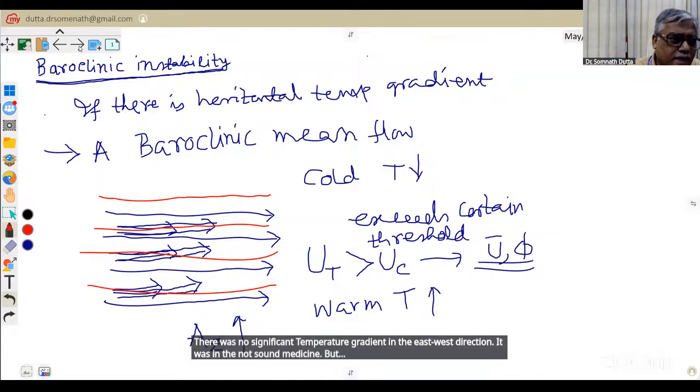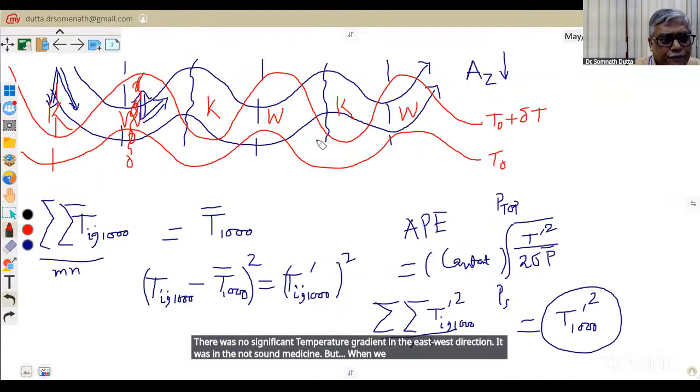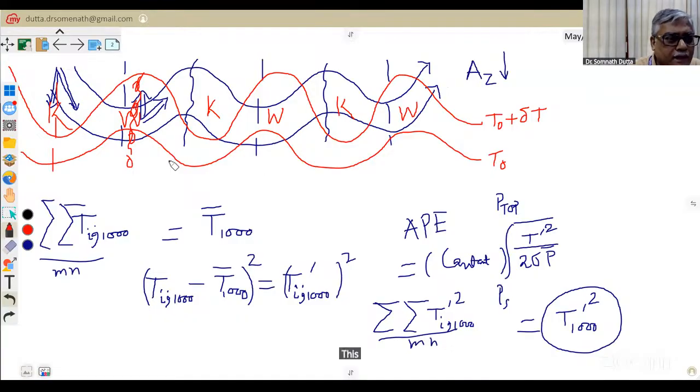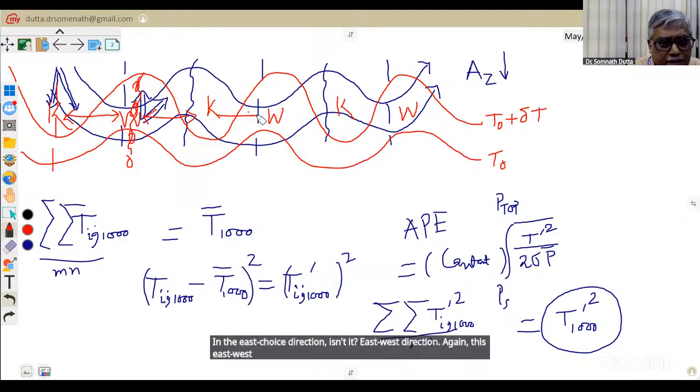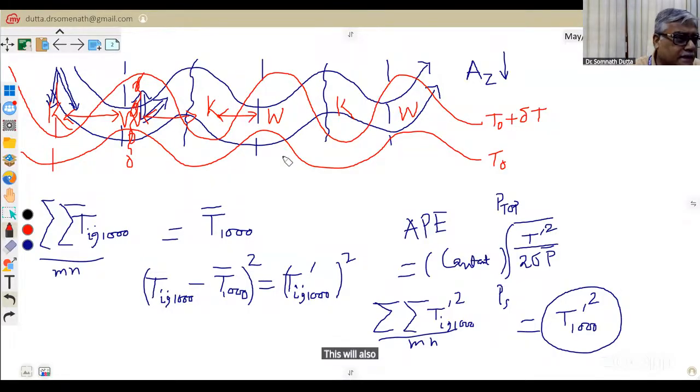But when we have the wave field, we can see there is a temperature gradient in the east-west direction, isn't it? This east-west temperature gradient will also result in another type of available potential energy.